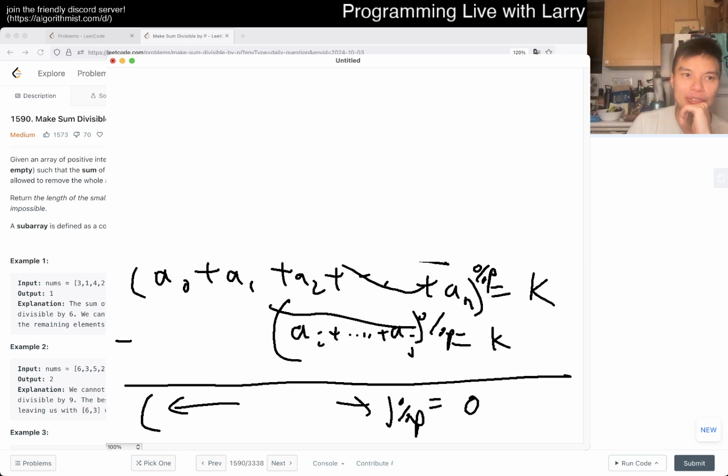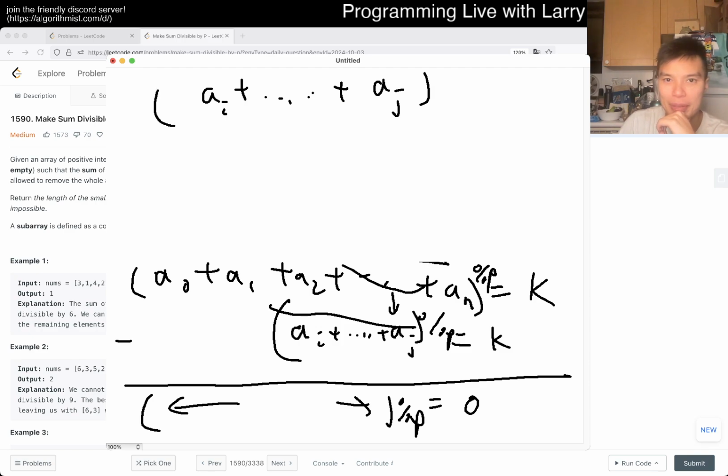The idea of prefix sum is that, let's say we are at a sub j. Given that we're at a sub j, we want to know that this plus some a sub i previously, mod p, is equal to k.